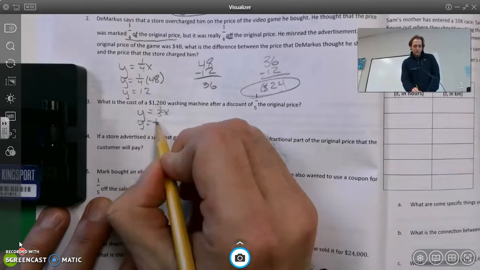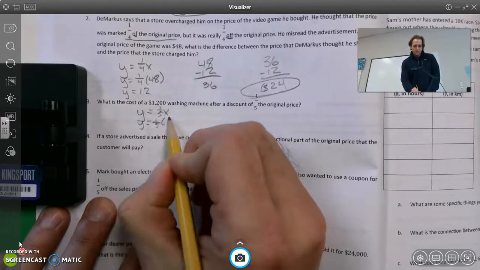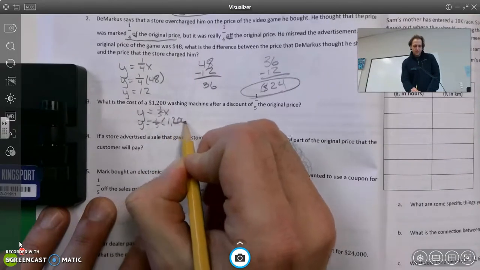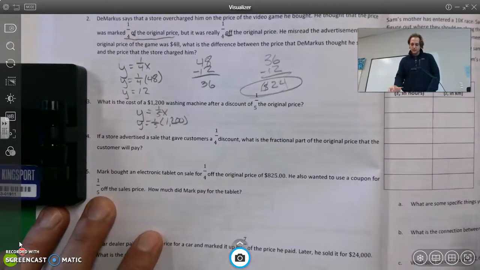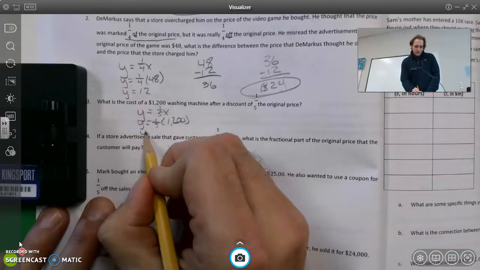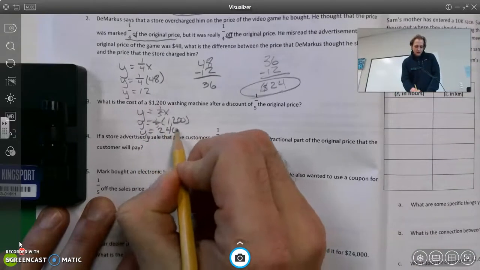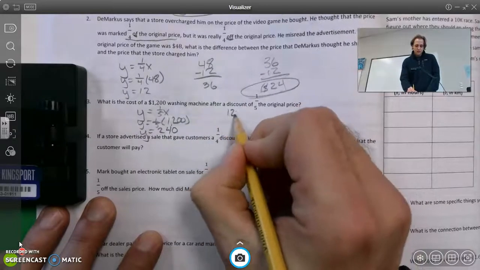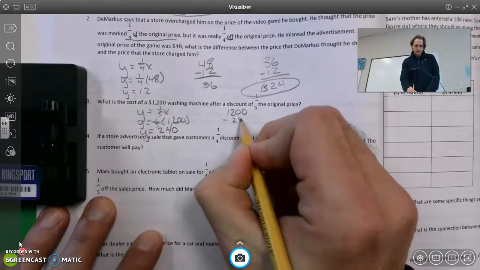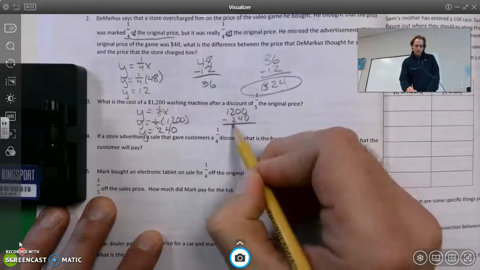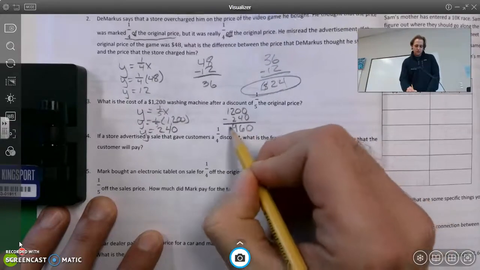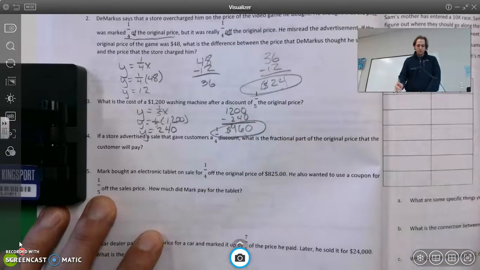Y equals 1/5 of 1,200, and 1,200 divided by 5. That means my discount is $240. So 1,200 minus $240 is going to give me a price of $960. And that's my new price.